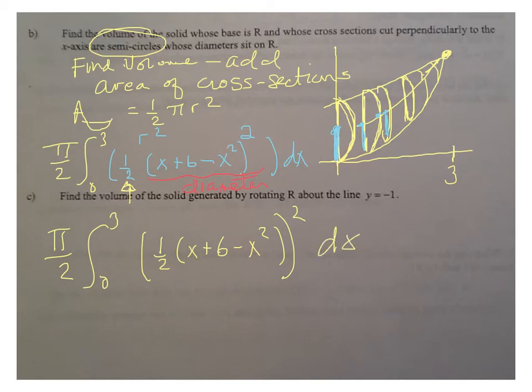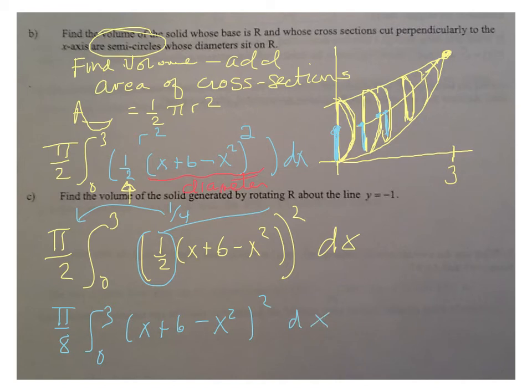The only thing I'm going to say further is I'm going to let you do the rest of the calculations here. But this 1/2 is squared. 1/2 squared is 1/4. I can take that 1/4 out of the integral, and I could have it as pi over 8 times the integral from 0 to 3 of x plus 6 minus x squared dx.